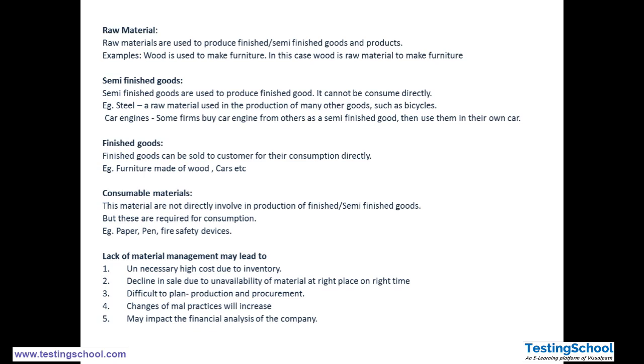There is also a decline in sales due to unavailability of material at the right place at the right time. For example, a car manufacturing company has a surplus of tires in its Pune plant and a surplus of bodies in its Bangalore factory. So there are two plants, one in Pune, one in Bangalore. One has a tire surplus, whereas the Bangalore plant is looking for more tires so that they can produce.